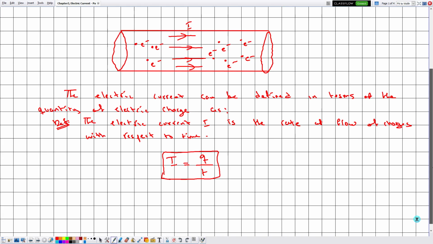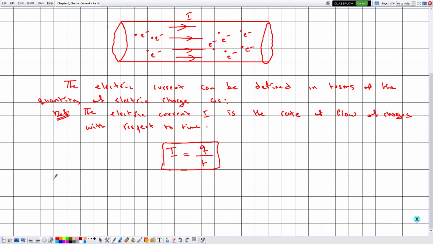Now what does each quantity represent? Where I is the electric current and its unit is A, which stands for amperes.